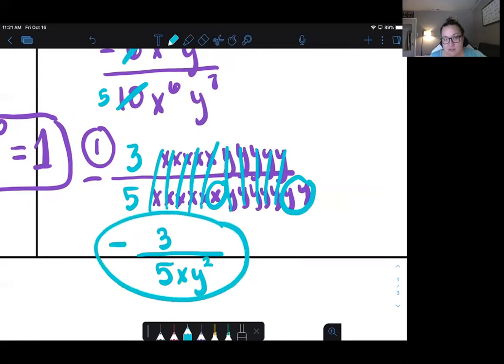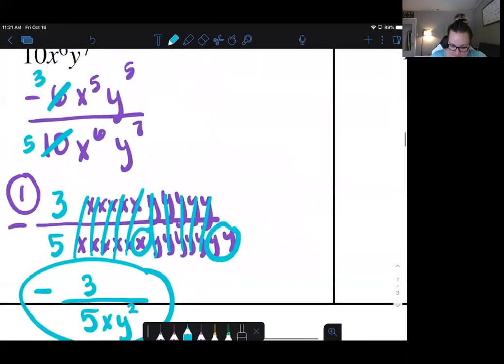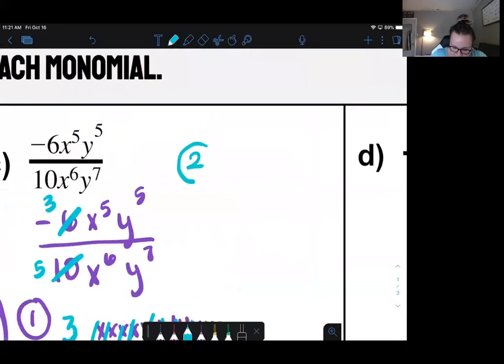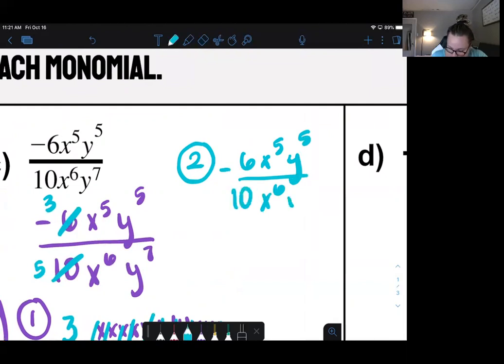So now let's do this using the second method. The second method just involves subtracting your exponents. So -6 over 5, x to the 5th, y to the 5th, over x to the 6th. And then I don't know why I wrote that as a 5. That should be a 10. X to the 6th, y to the 7th.